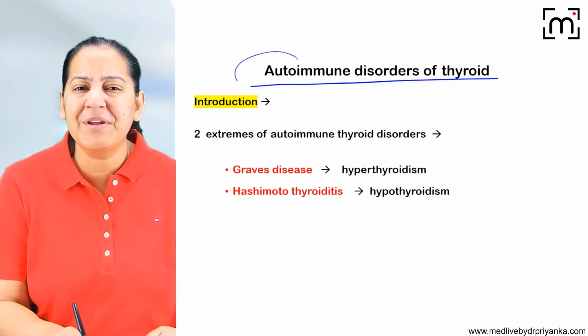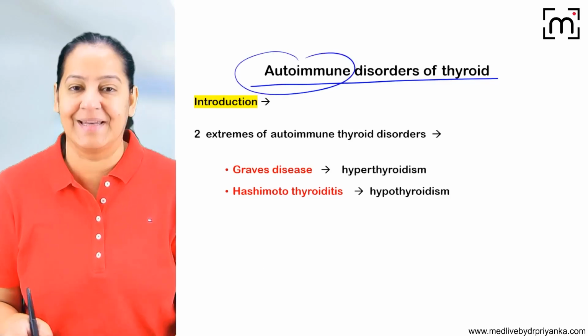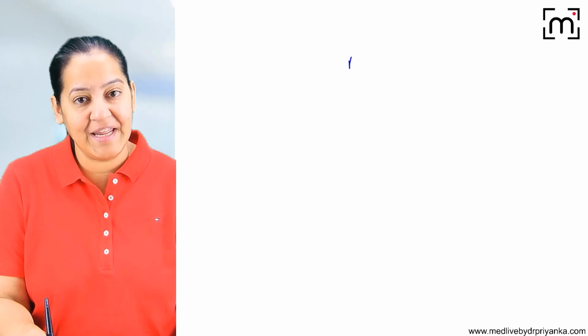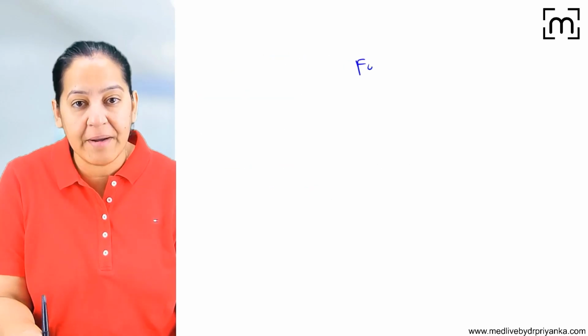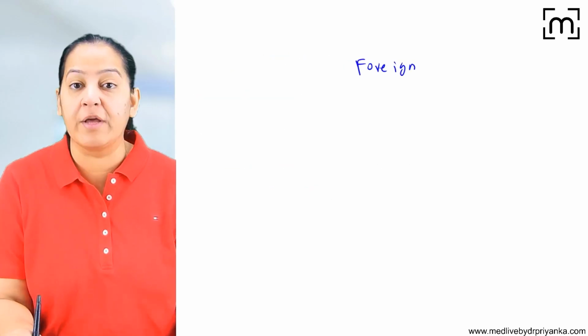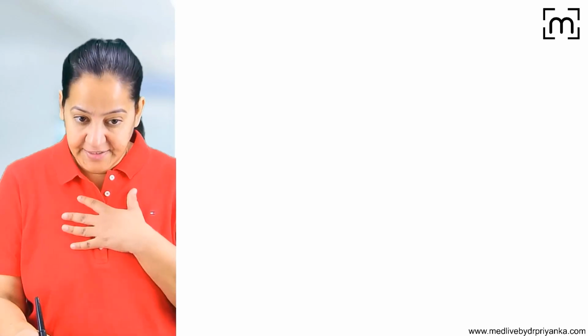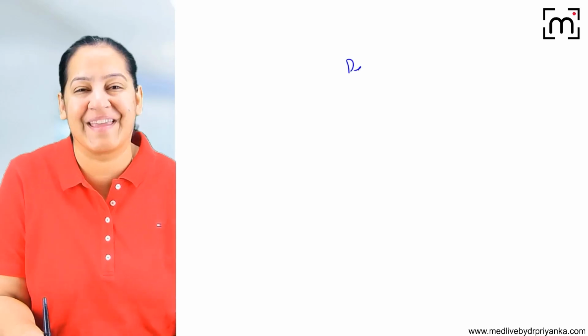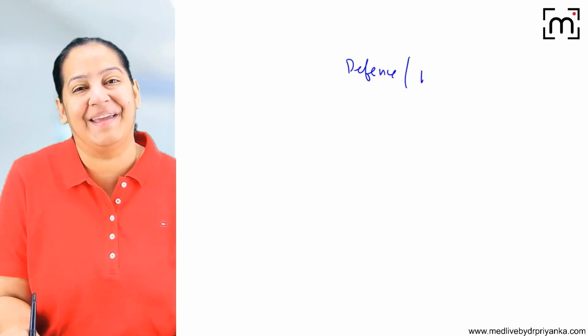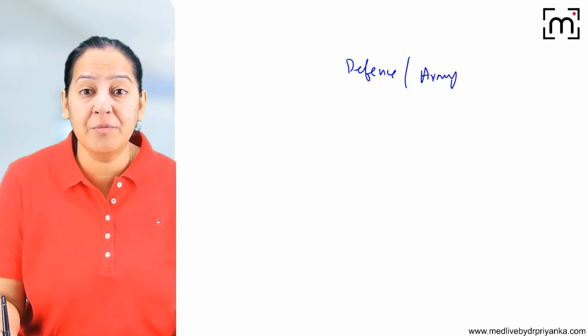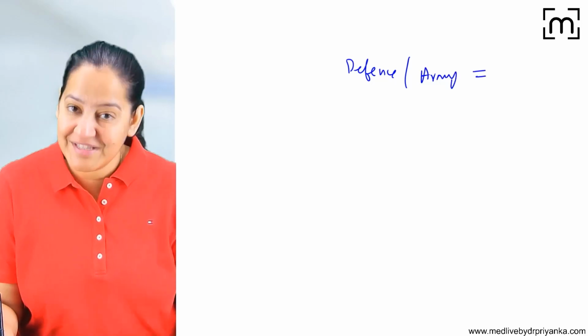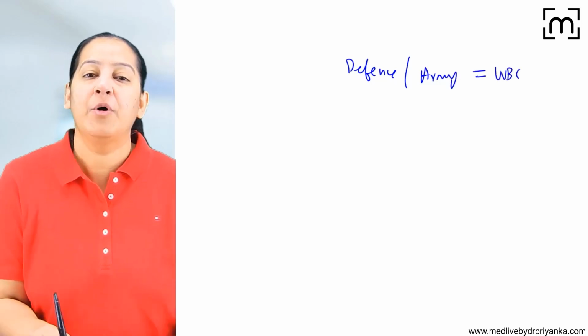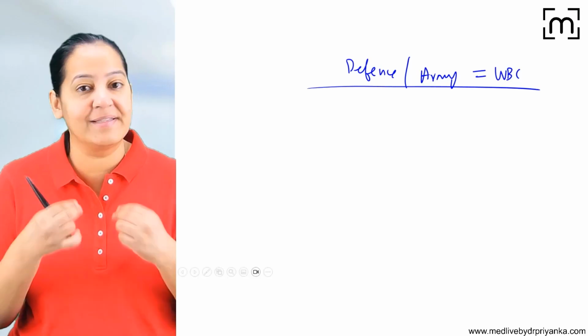What do you mean by autoimmunity? Listen, whenever any microorganism or any foreign particle enters the human body, what happens? Inside the human body, we have a defense mechanism. We have an army in our body. Who is the army in the human body? The defense mechanism in the human body is the WBC. What happens when a terrorist enters the country's territory?